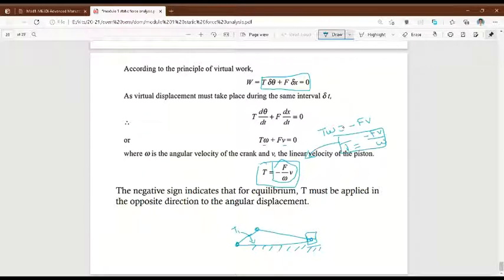I want to nullify this work so that no motion occurs, so I have to add this extra torque in the opposite direction. That torque should be F by angular velocity into V. That is the meaning of it. That is called virtual work: the small work done is virtual work. This is the concept of virtual work.